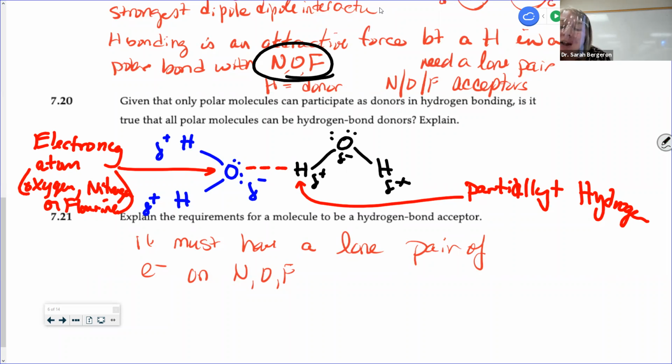The black. Black is the donor molecule. Which molecule is the acceptor, accepting the interaction with hydrogen? The blue one. So this is the H bond acceptor.